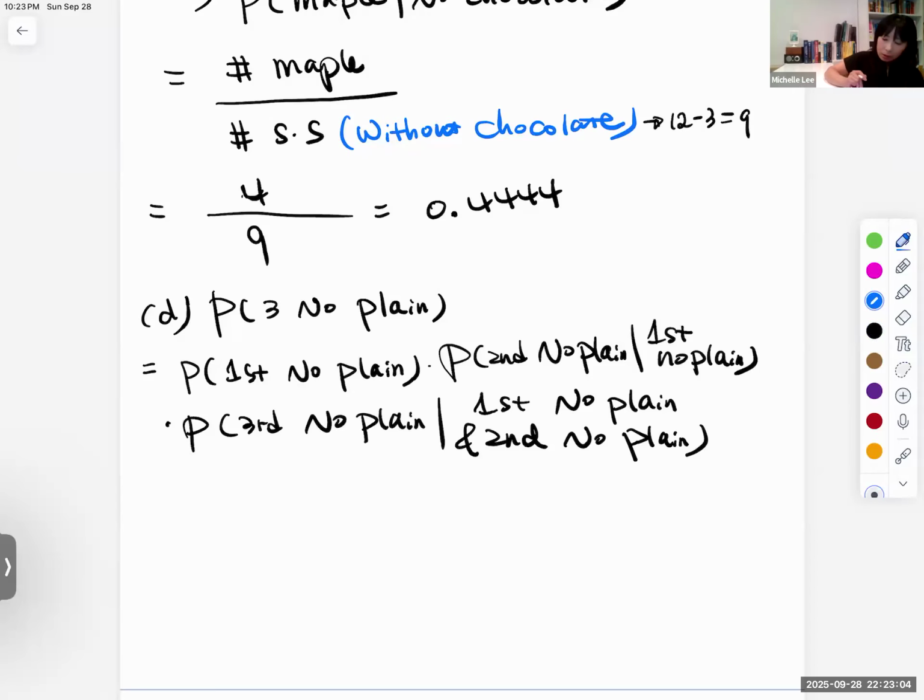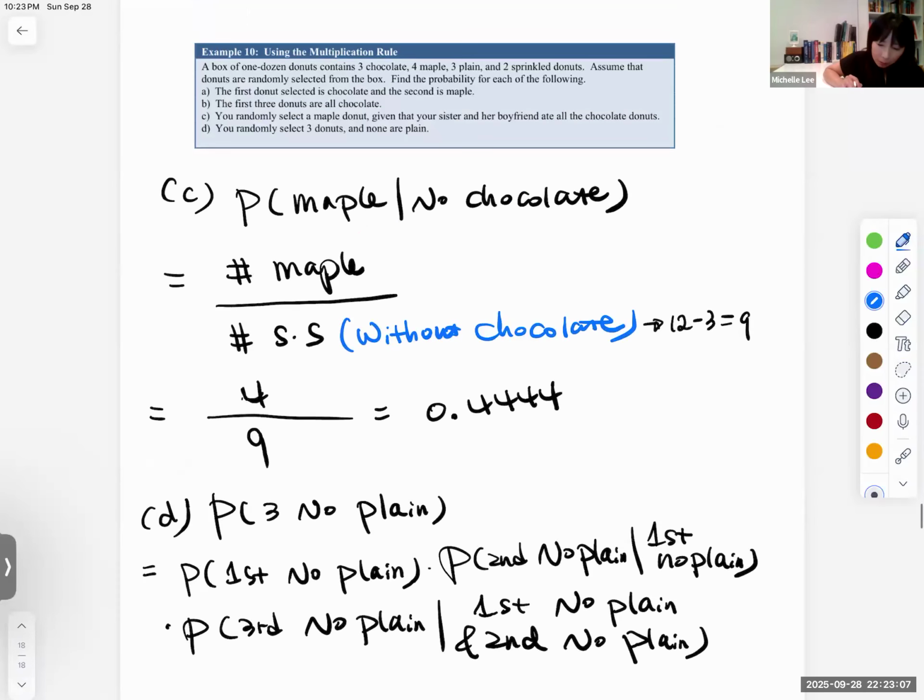Let's think. How many plain? 3 plain, right?